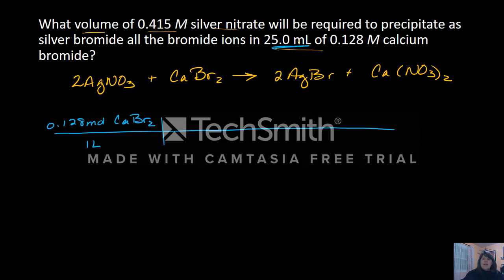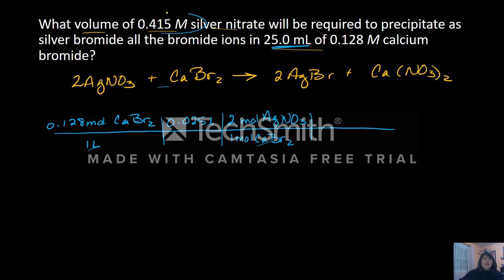I'm going to go ahead and convert that from milliliters to liters, 0.025 liters. Now I'm going to take this moles of calcium bromide according to the balanced equation. There's 1 mole of calcium bromide for every 2 moles of silver nitrate. So that got rid of the moles of calcium bromide.